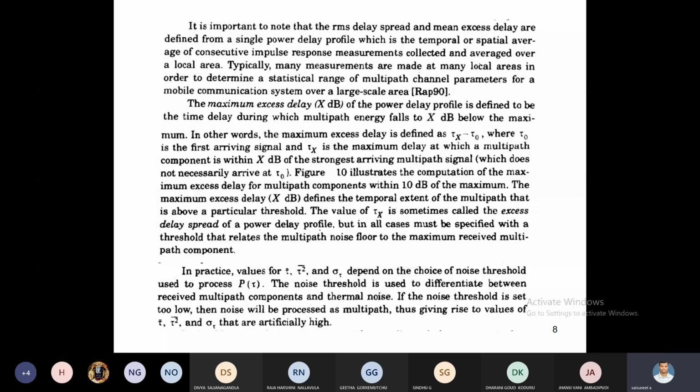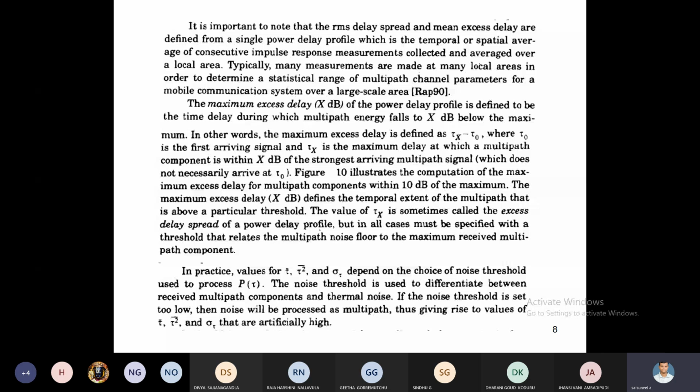At that time it is tau_x, but we have to fix one threshold value. Above the threshold value, it is maximum excess delay. Below the threshold value, no problem. We do not consider any delay problem.